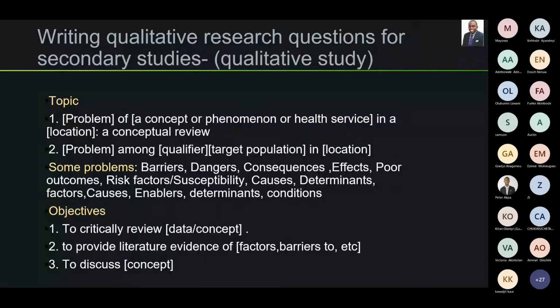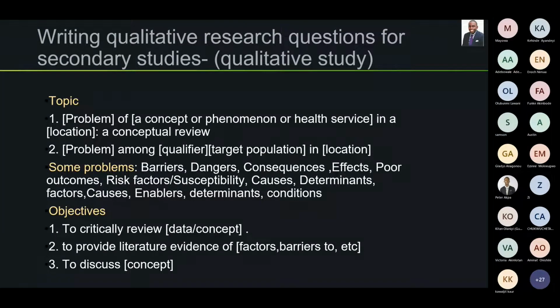Because you are reviewing data, one of your first objectives will be to critically review a particular thing or problem. For example, to critically review the experiences of diabetic mothers accessing antenatal services in primary healthcare facilities in the UK.